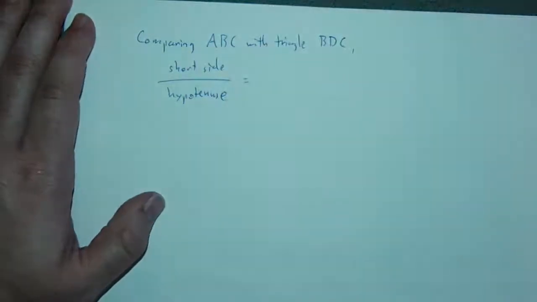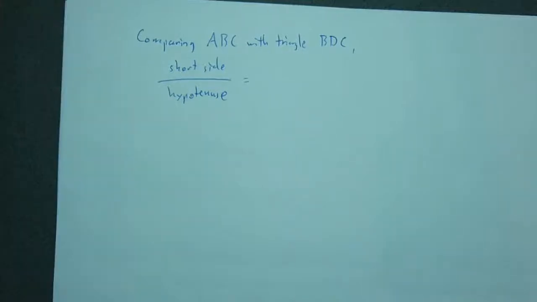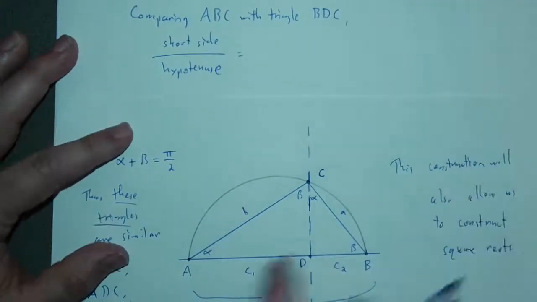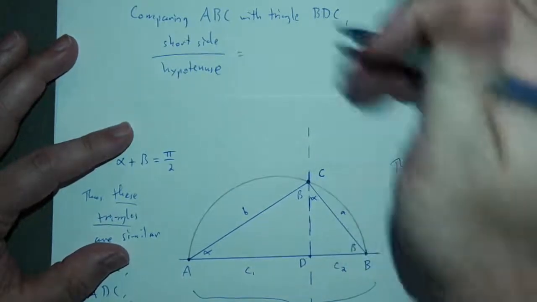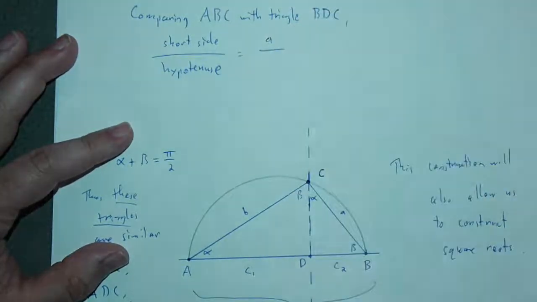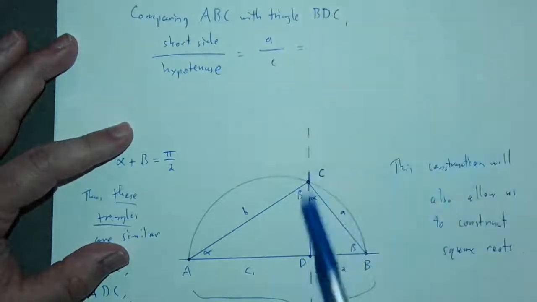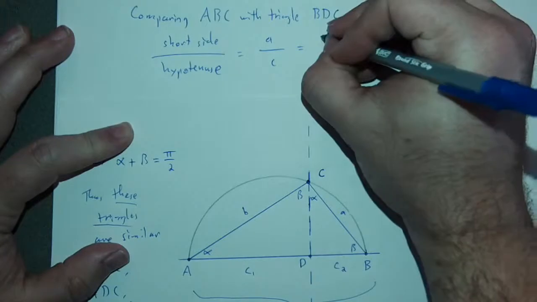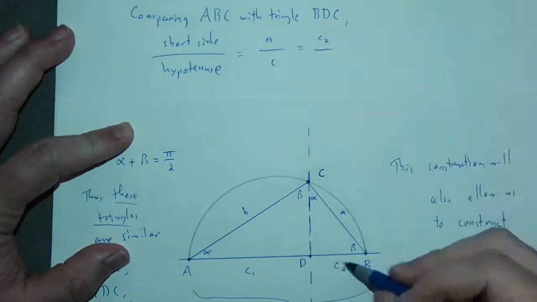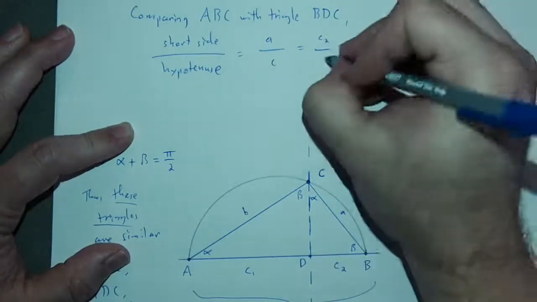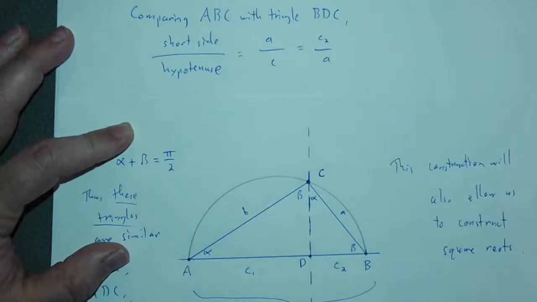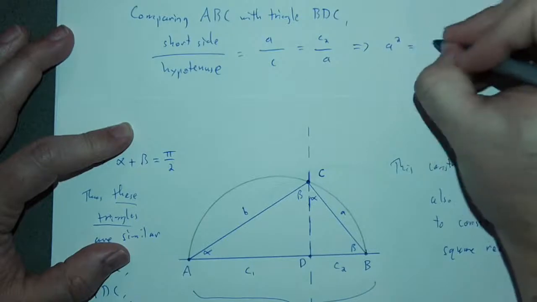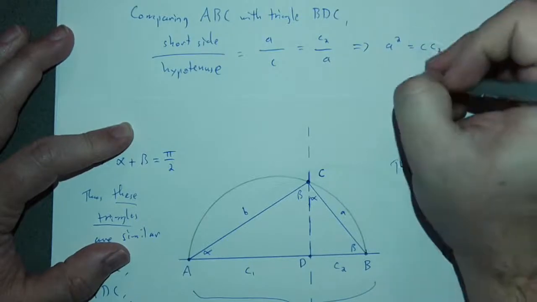Let's go back and look at our picture. The short side in triangle ABC is A, and the hypotenuse is C. In my triangle on the right, the short side is C sub 2, and the hypotenuse is A. And so this implies that A squared is equal to C times C sub 2.